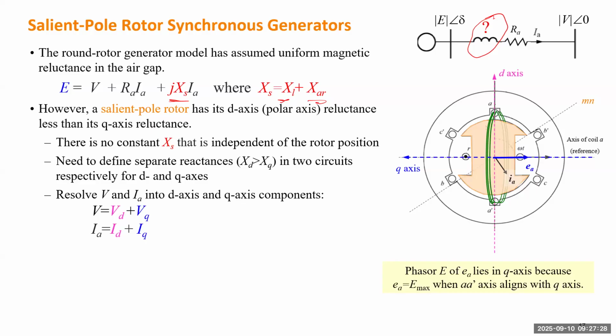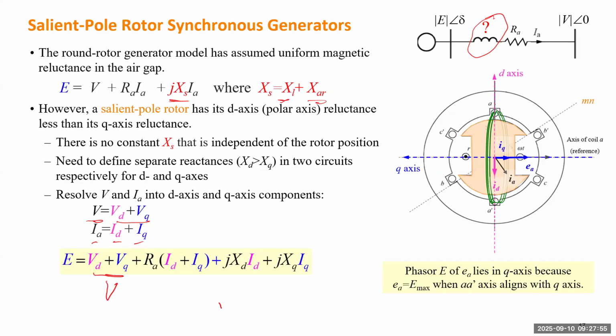So for voltage, we will assume there are two components. Because voltage is a phasor, we can just project the voltage phasor onto the D axis and Q axis to get two components. We can also do similar things for the armature current, to get the D component and Q component. All right, so next, this one is basically just V from the original formula, and this one is just I from the original formula.